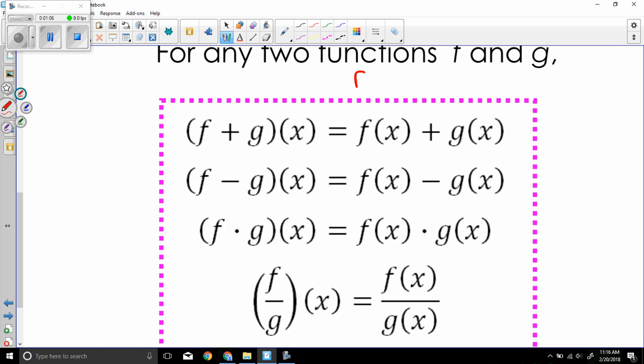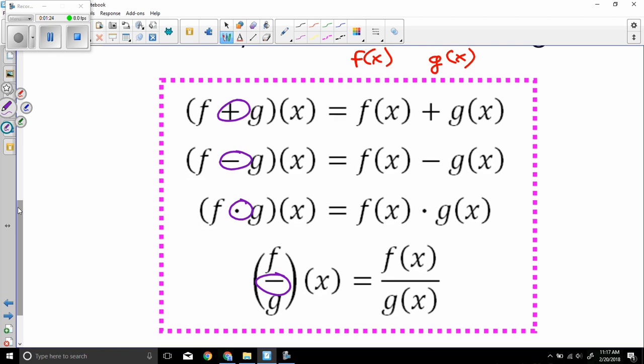So I have f of x inside these examples and g of x. And we are doing the basic operations as we look through. So we have things like the addition property, subtraction, multiplication, and of course division. Now would be a great time to pause the video and copy down these 4 operation properties.